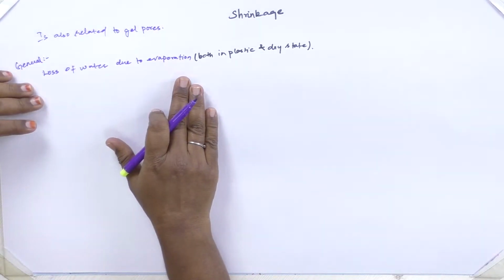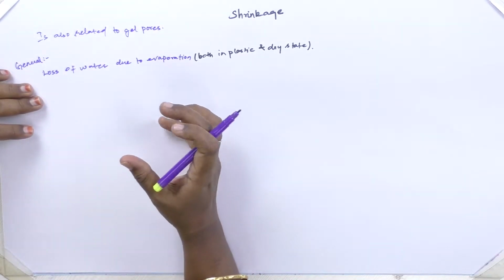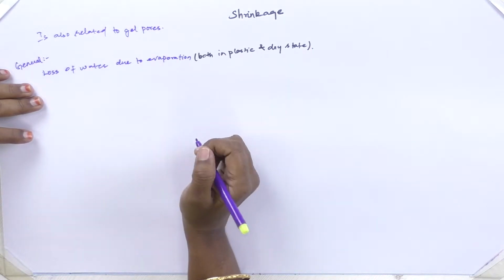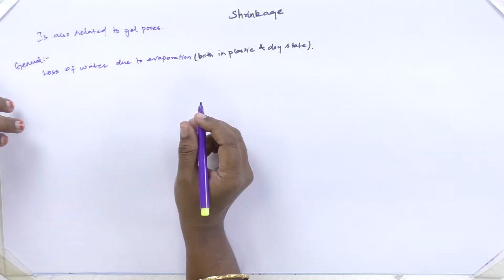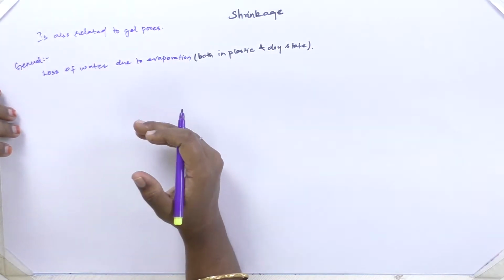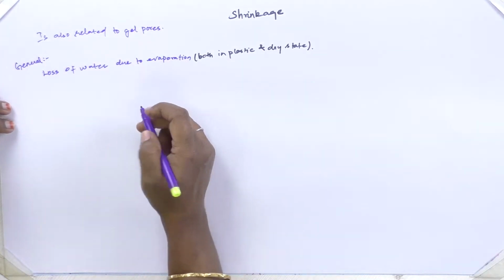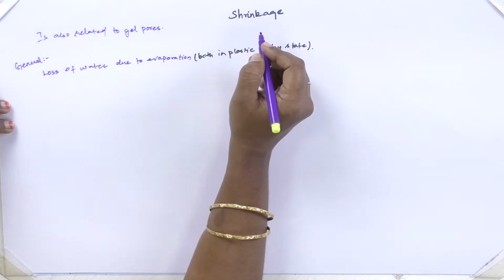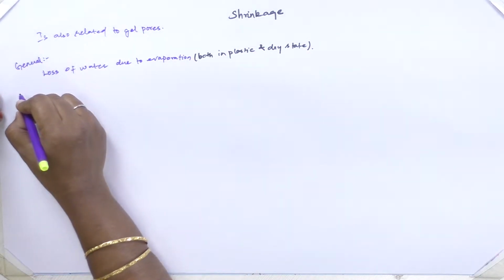Because of this loss of water due to evaporation, we exhibit some change in the volume, and that is termed as shrinkage.